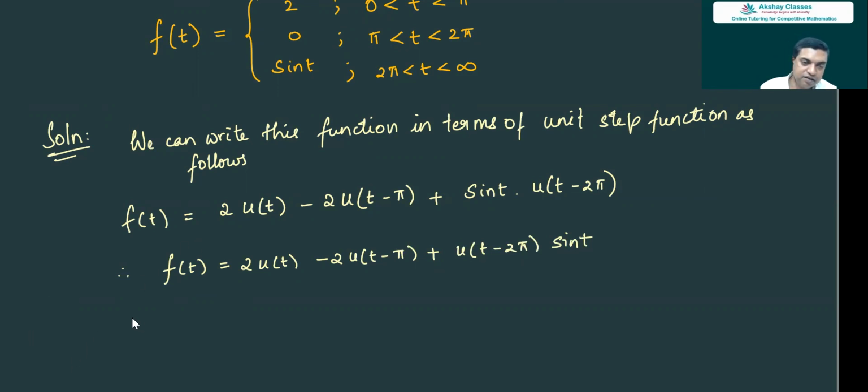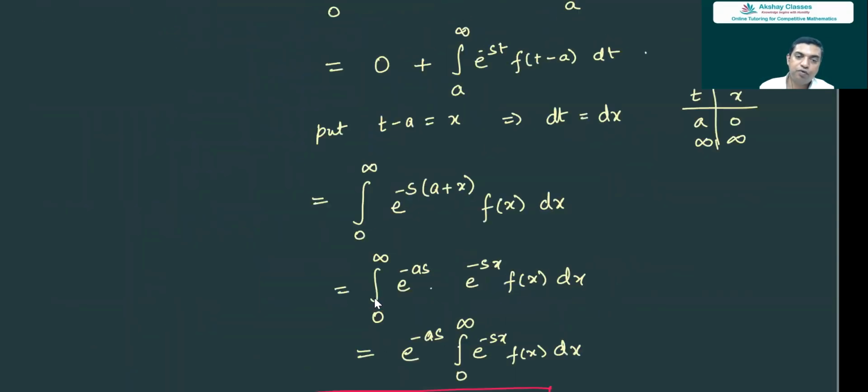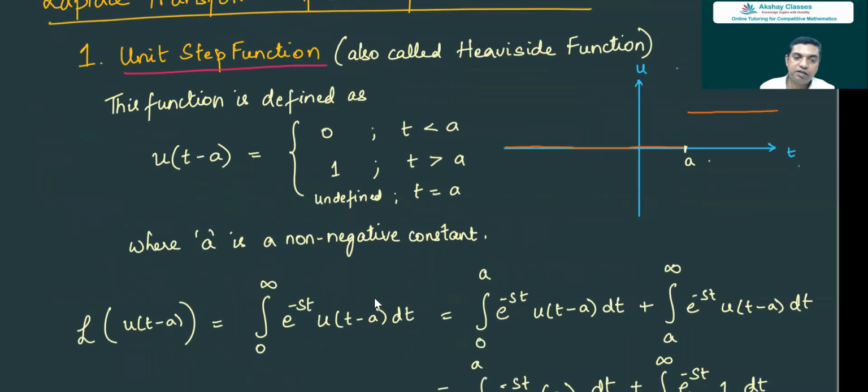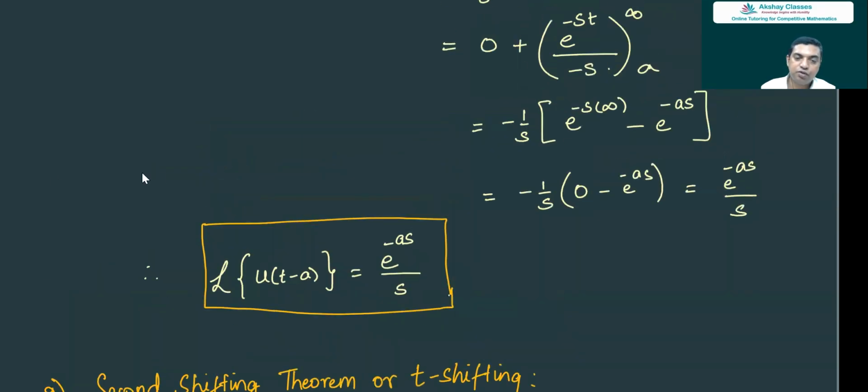So we get, therefore, the Laplace transform of f is the Laplace transform of 2 unit step function. And we found out for unit step function u of t minus a, what is the solution? It is e power minus as by s.